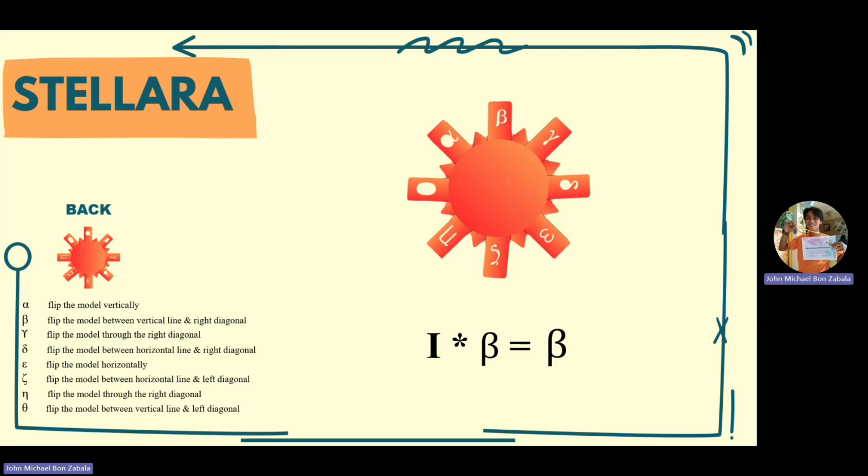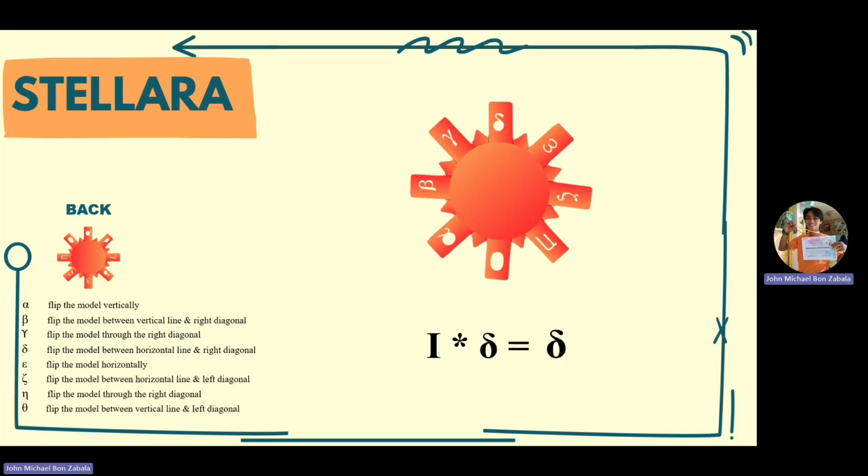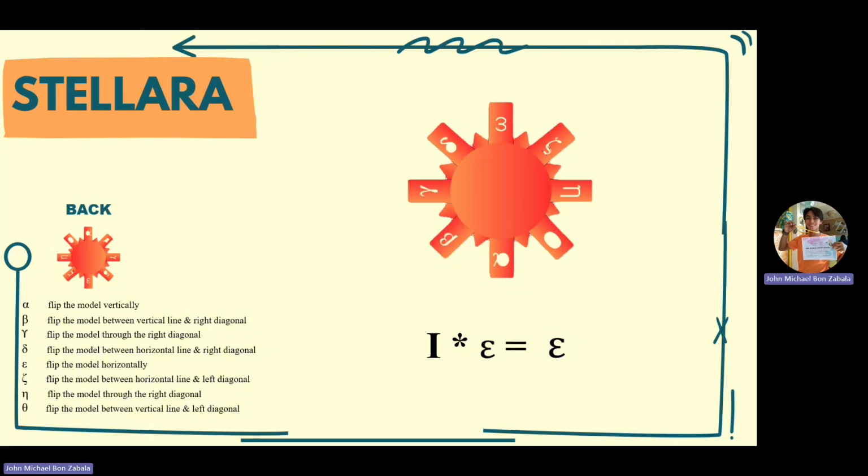Okay, so 1 star beta. Sa 1 star beta po, ang sagot po dito is beta po siya. Kasi pinartneran po siya ng do nothing. So Roman numerals 1 star gamma, the answer will be gamma. Gamma pa rin po. So 1 star delta will become delta pa rin po. Okay, ganun din po sa iba.